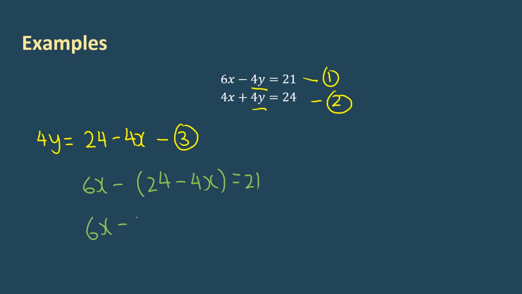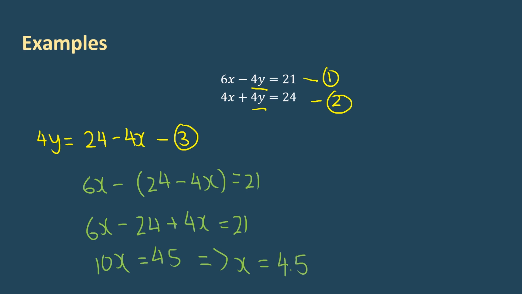6x minus 24 plus 4x equals 21. So 2x, I'm sorry, it's not 2x, but actually it should be 10x. 10x equals 45, meaning that x equals 4.5. And now we're going to sub this into here. So 4y equals 24 minus 4 times 4.5.